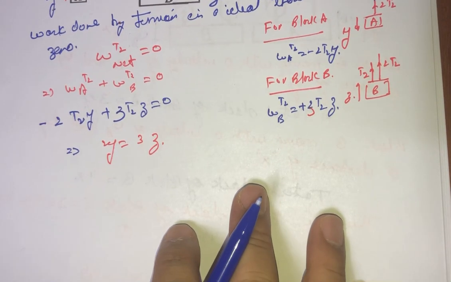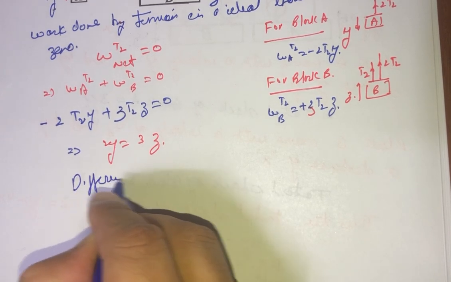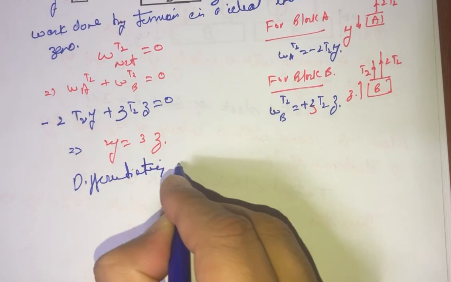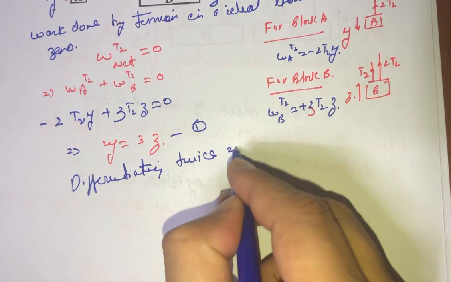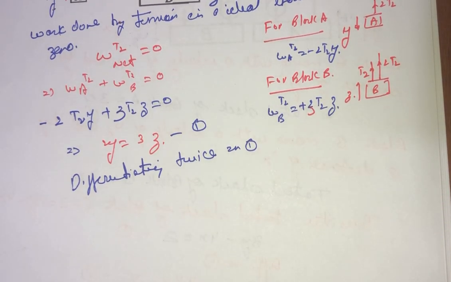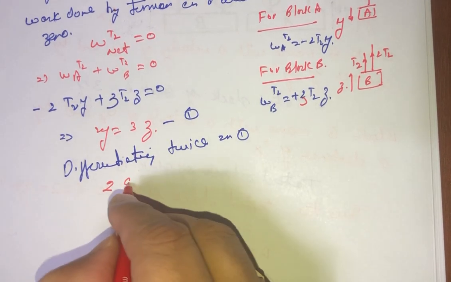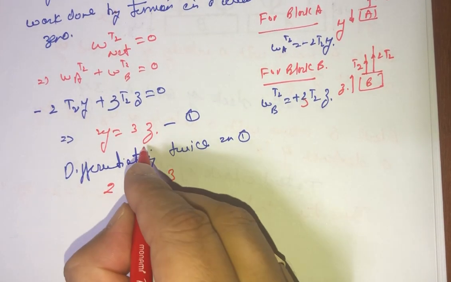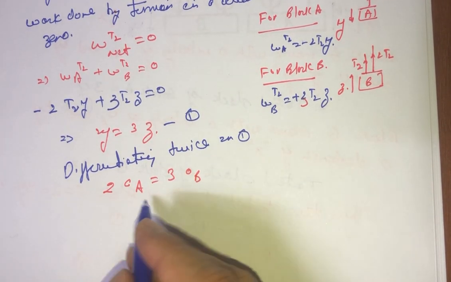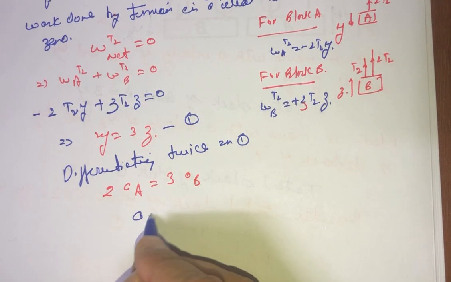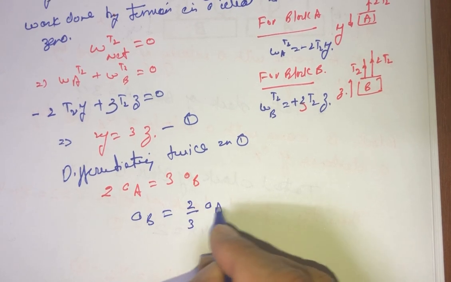So differentiating the equation twice, equation 1, we get 2y, that is acceleration of A, is equal to 3 times acceleration of B. So from here we can write the formula for B: acceleration of B is equal to 2 by 3 acceleration of A.